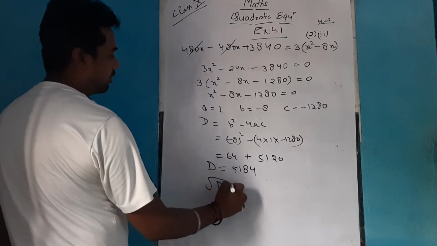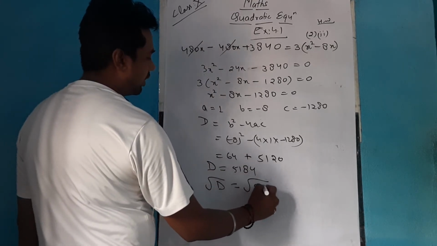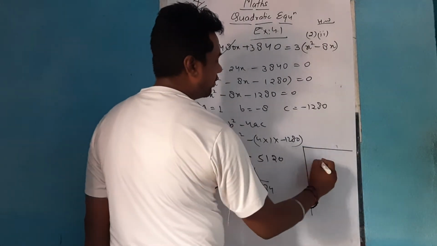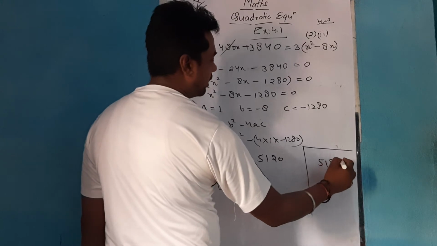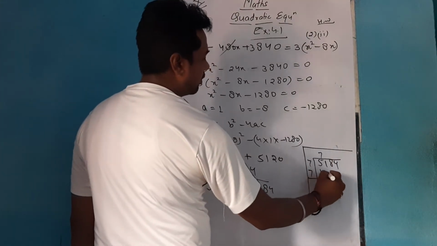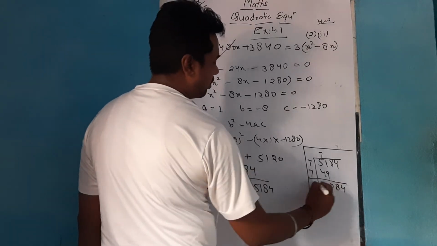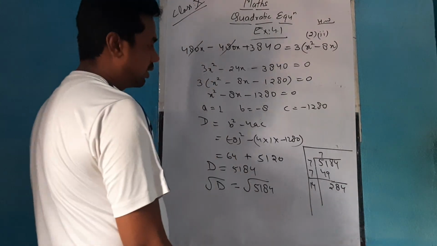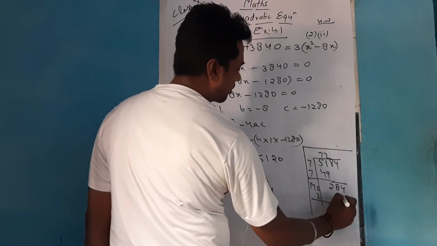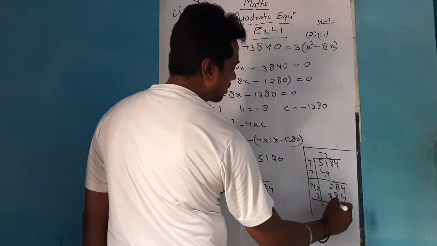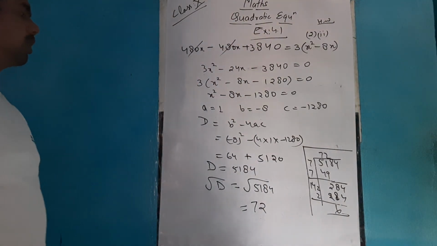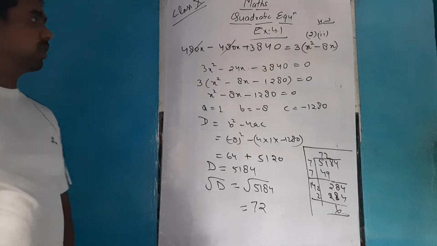Then the square root of d will be the square root of 5184. So let's get the value of the square root of 5184. The answer is 72. The square root of 5184 is 72.